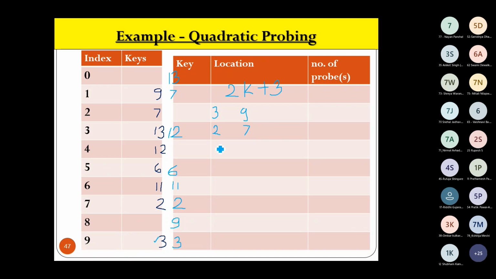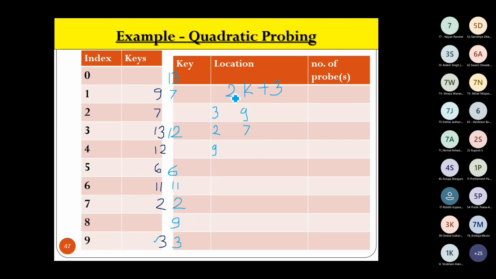Then for 9, 9 into 2 is 18, 18 plus 3 is 21. Is our size 21? No. Whenever it goes out of bound, we mod with the size.